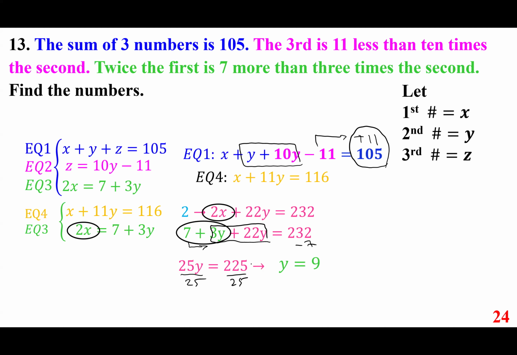Now, if I go back to one of the original equations, equation number 2, z is 10y minus 11. Because I have y equals 9, we're going to plug in 10 times 9 minus 11, and that gives me 79.